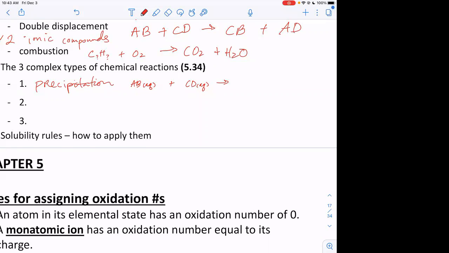So if these switch and you get AD, let's say that becomes a solid. That's the precipitate. And then CB would be still aqueous. Okay, so you got two aqueous compounds coming together to give you a solid product. And you use your solubility chart, which I'll give you on the final exam. You'll have that solubility chart.